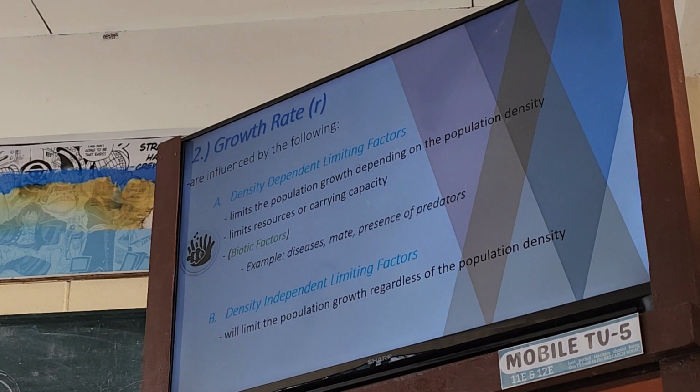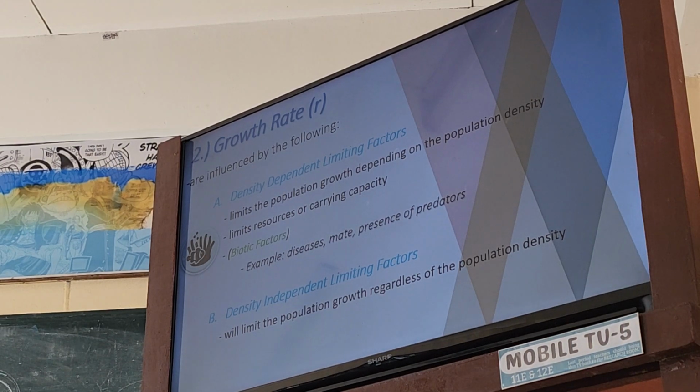That is a density independent limiting factor. By all means, it will limit the number of organisms in that area, and it does not depend on whether the size is big or small. By nature, they are all your abiotic factors, more on the environmental side. Are you getting the picture?